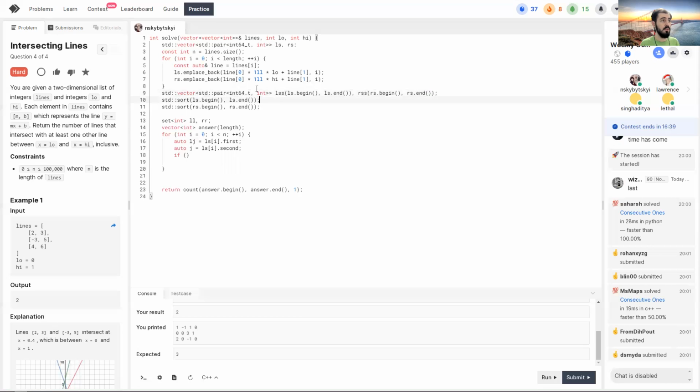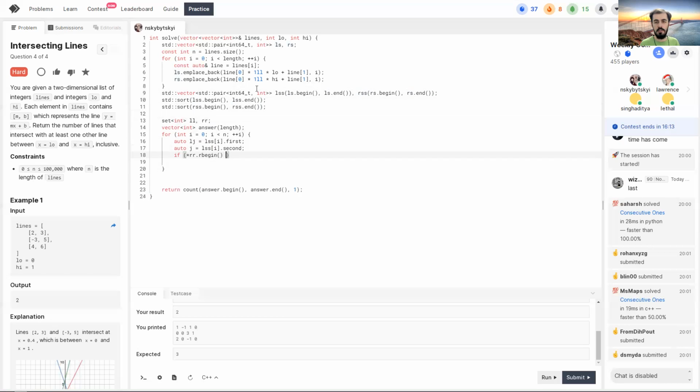Because I don't want to compute the intersections all over again. So it's resorted. Right intersections, largest element of right intersections. We iterate in increasing order of left coordinates.